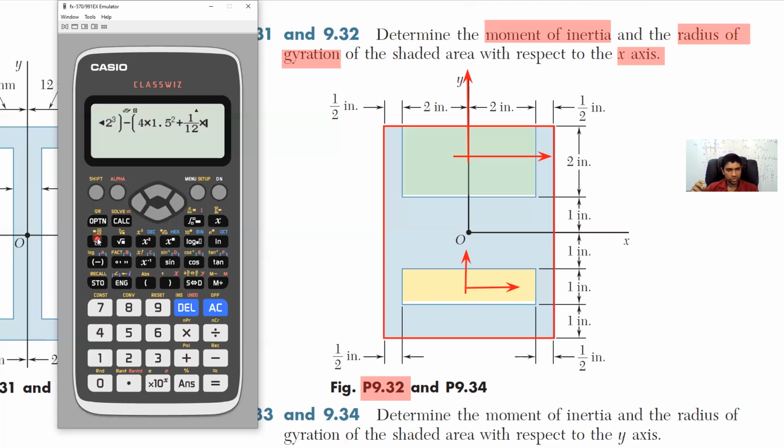The base is 2, height is 1. By evaluating this, we can find the moment of inertia. The answer is 46. When I'm doing this alone, I get 32, but the answer is 46, so there may be some mistakes in my calculation.